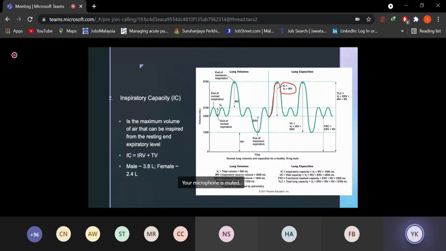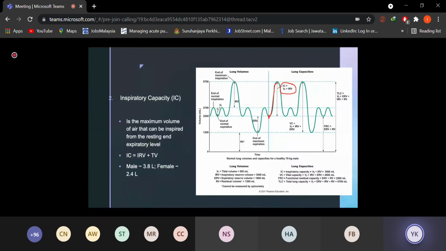If, let's say, in the essay I ask you to define IRV, inspiratory reserve volume, then you mistakenly thought that the value should start from here, after you exhale, and then you forcefully inhale. That's not the value for the IRV. IRV is from here.